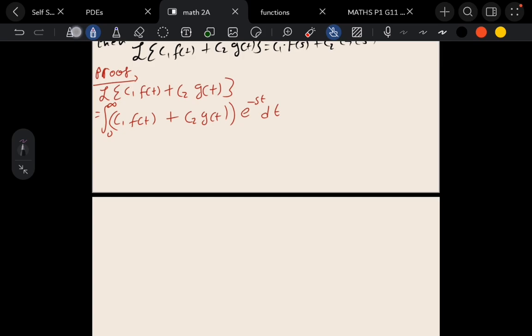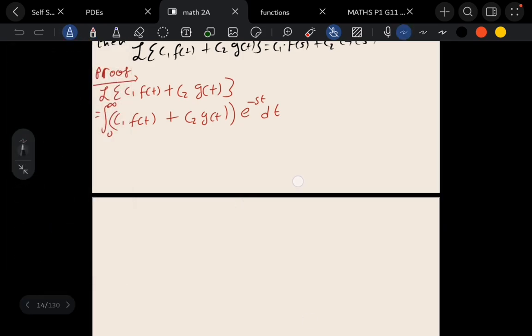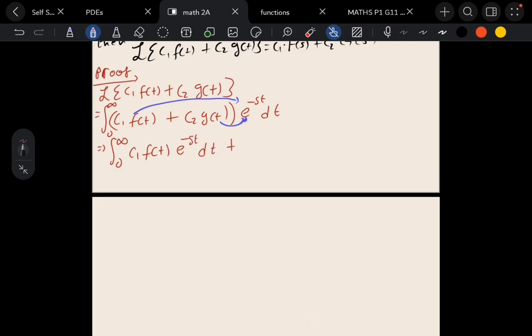By the law of integration, we know that integration is linear, which means you can multiply it inside, right? You can do that. So this times that, this times that. So now I have an integral from 0 to infinity of C1 f of t e to the power negative st dt plus an integral from 0 to infinity of C2 g of t e to the power negative st dt.